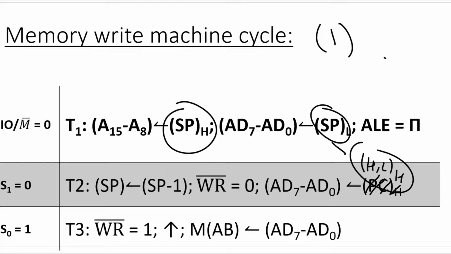In memory write machine cycle number 2, again the stack pointer will be read and SP will be decremented by 1.